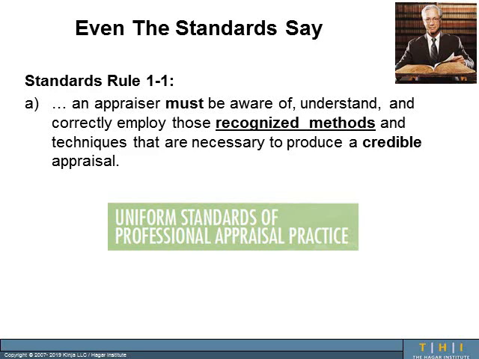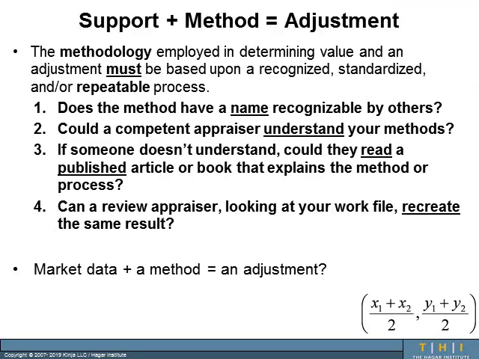So let's look at Standard 1 and its relationship to this. This is just one of 10 standards within our standards. Standard 1-1(a): An appraiser must be aware of, understand, and correctly employ those recognized methods and techniques that are necessary to produce a credible appraisal report.